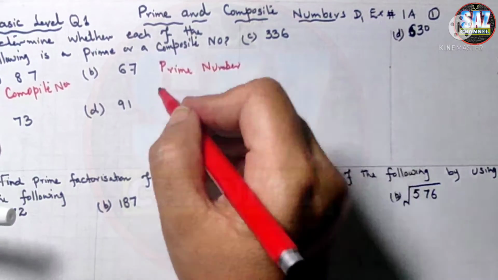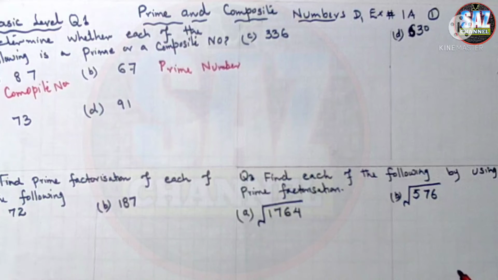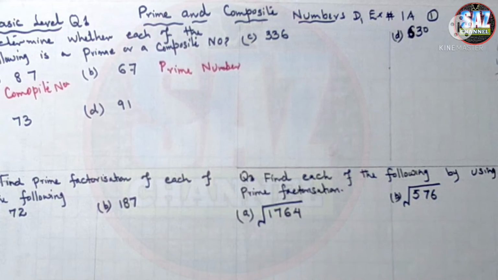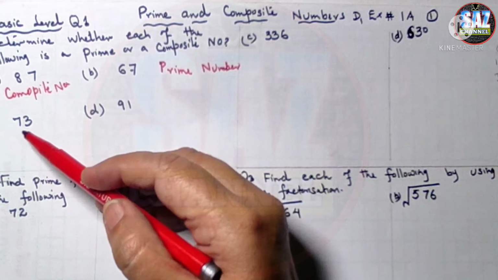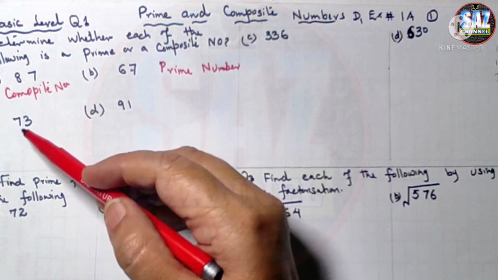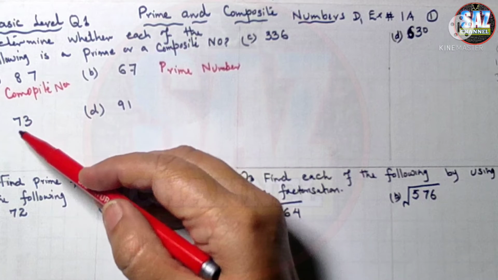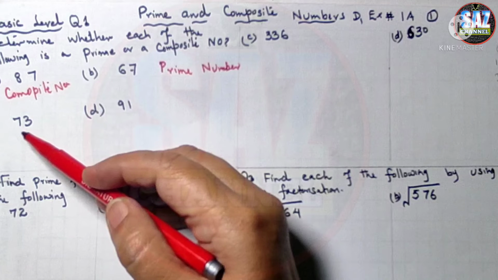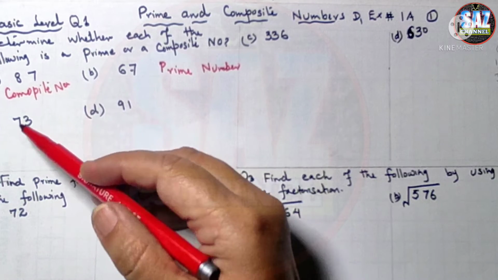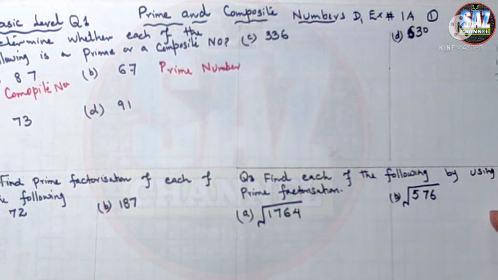Okay, moving to 73. 73 is an odd number. Unit digit is not a multiple of 2, so there is no reason that it will be divisible by 2. Moving to 3, add up the digits of the number. 7 plus 3 is 10, and 10 is not divisible by 3, so there is no reason that we can divide this number by 3.